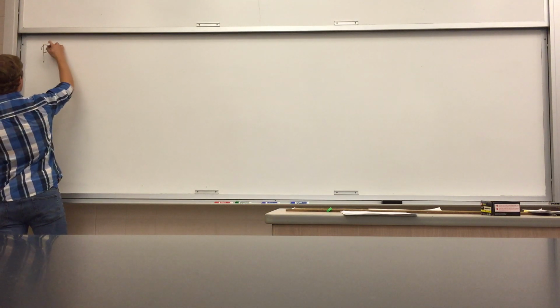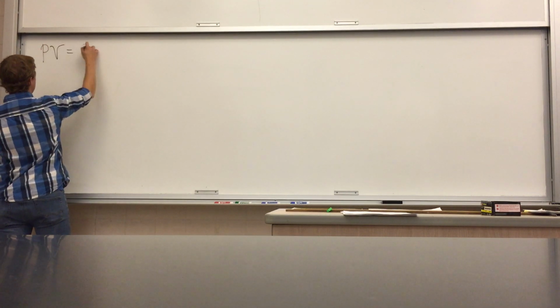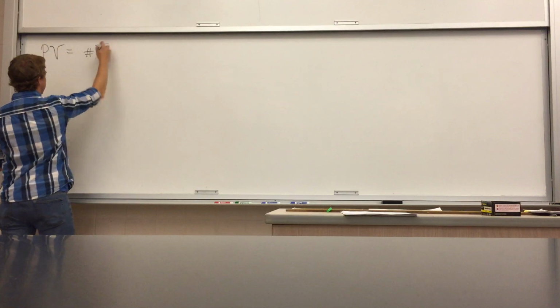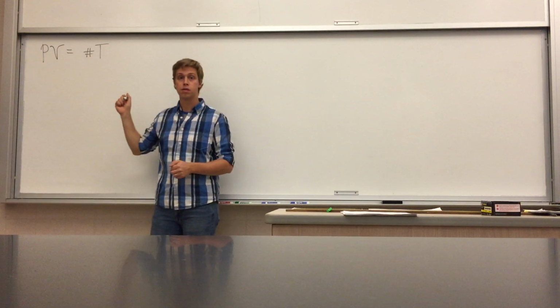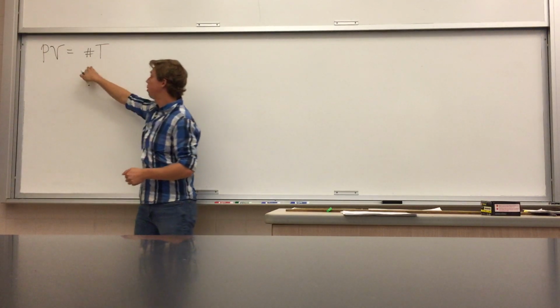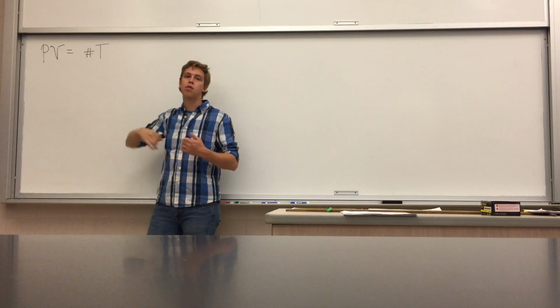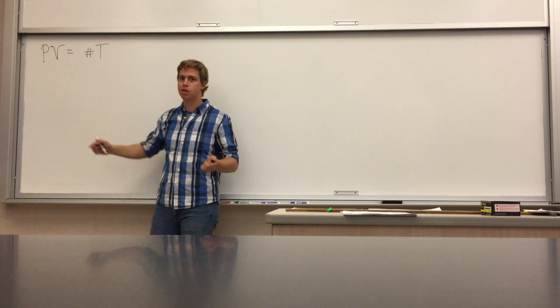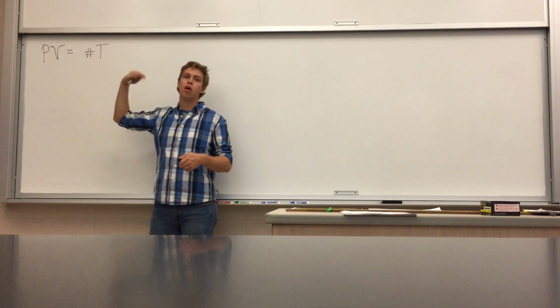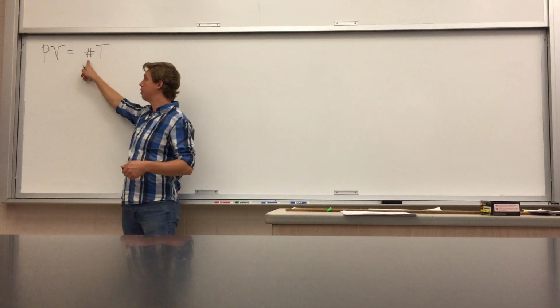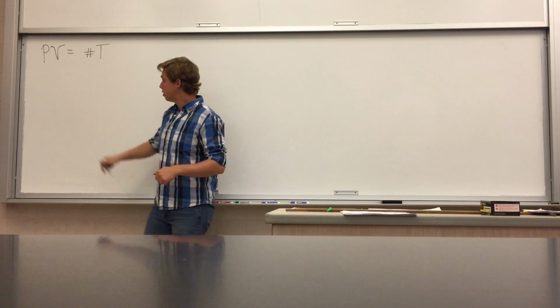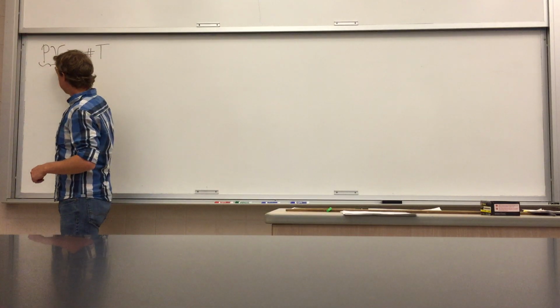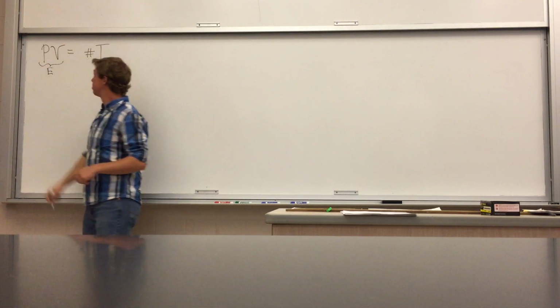And what I'm going to write down is something that's very familiar to you. This is our ideal gas law, right? PV equals some number times the temperature. And remember that whole lecture that we basically spent talking about all the different ways of writing down this number. Well, it turns out that this side, that's just an energy.